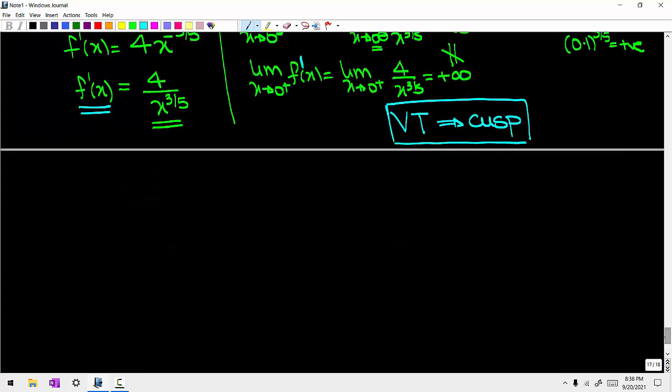All right, that's pretty much it in that section, but I just want to address a couple more things really quick. Okay. Sometimes we can graph a derivative given a function very easily. So let's say if I give you this function, okay.